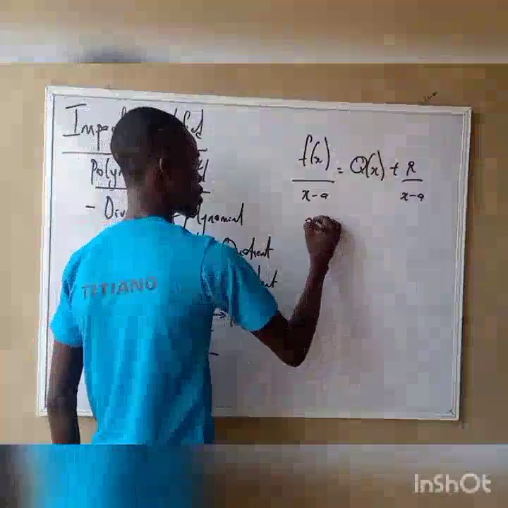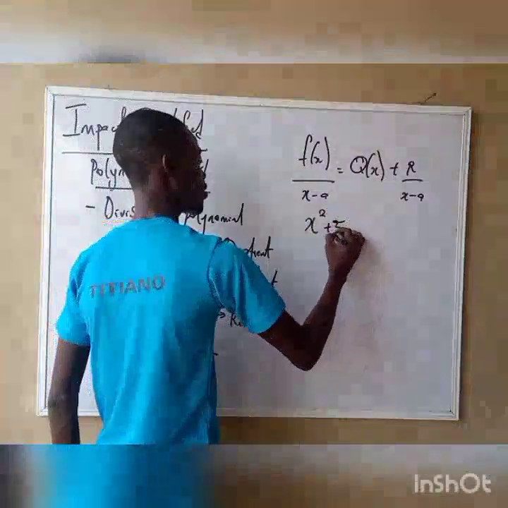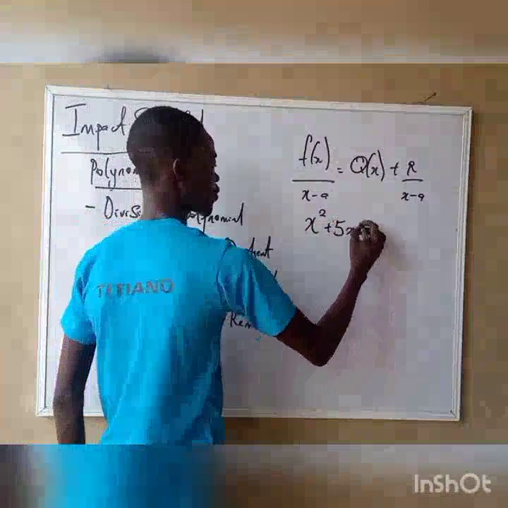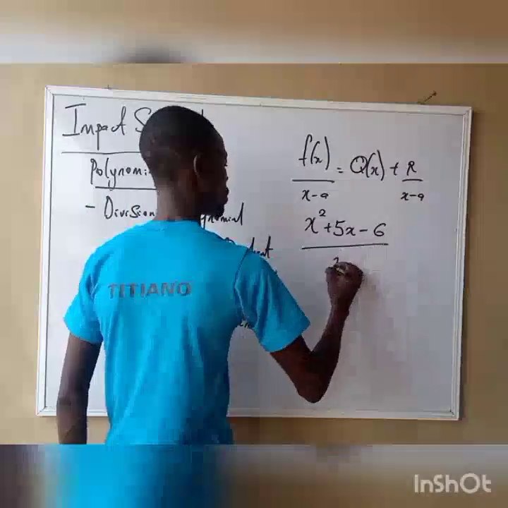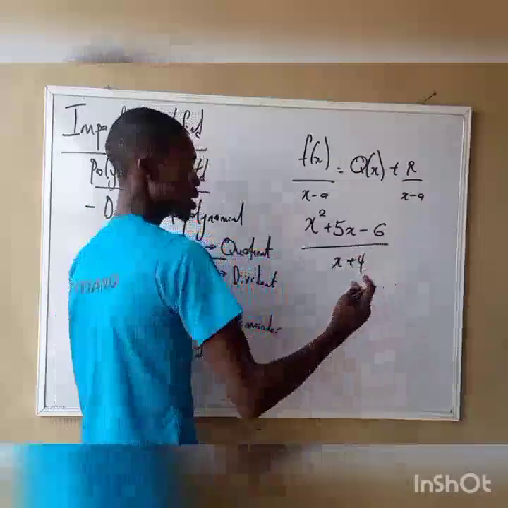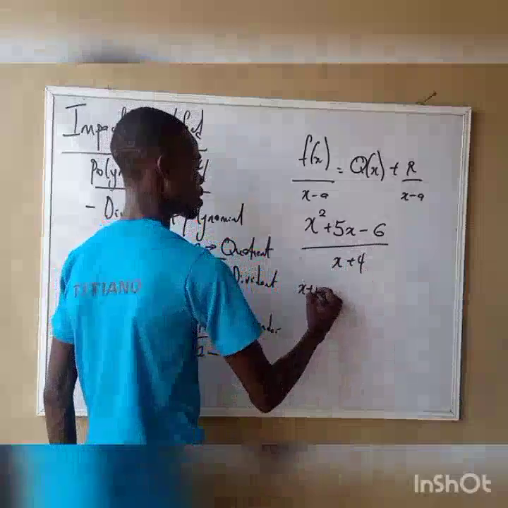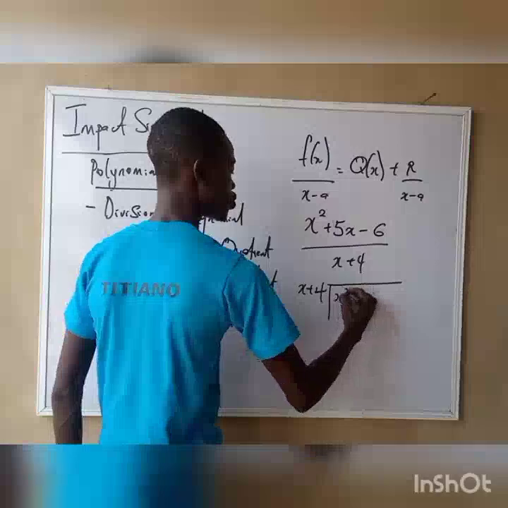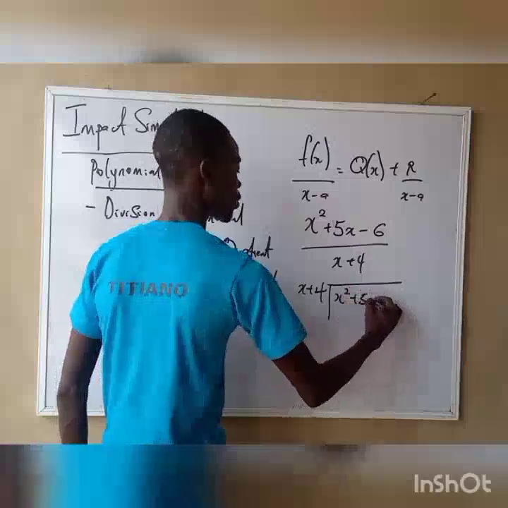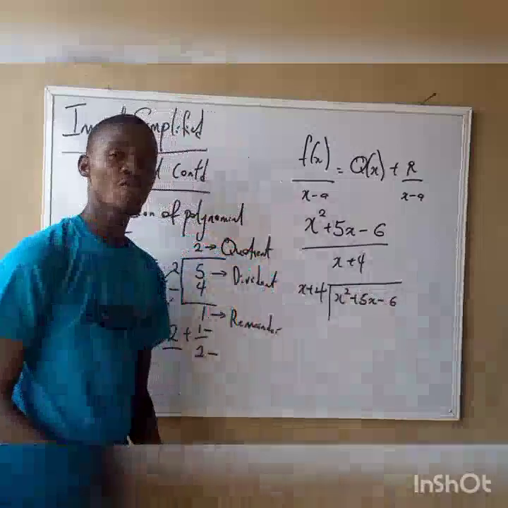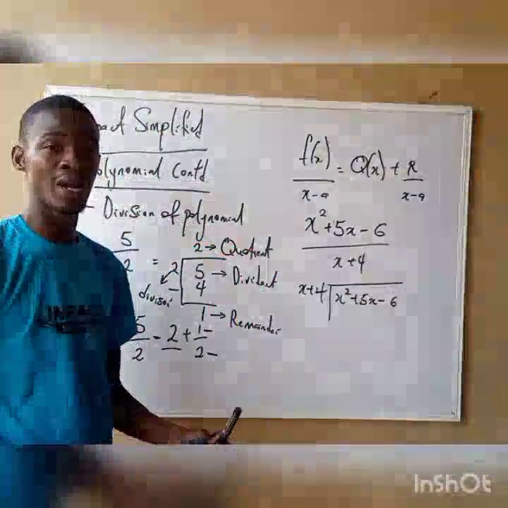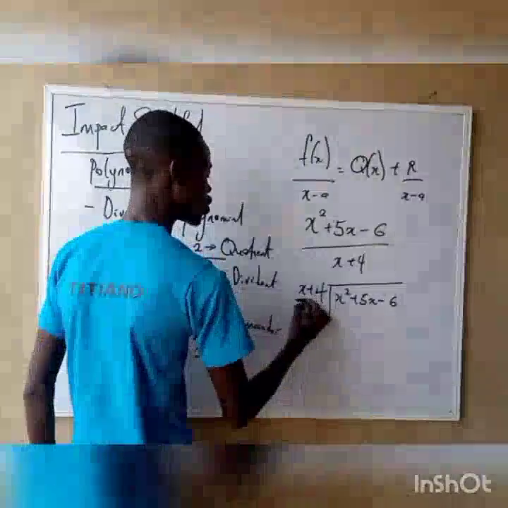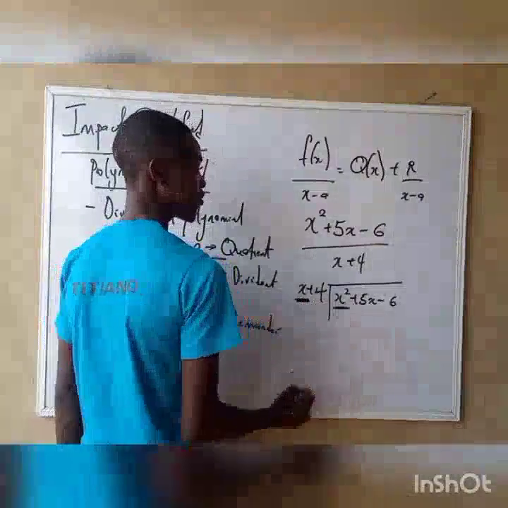Now let's look at a question on that. Let us divide x squared plus 5x minus 6 by x plus 4. How can we divide it? We are going to take it to the long division, using x plus 4 to divide x squared plus 5x minus 6. You use your first x to divide the first x.